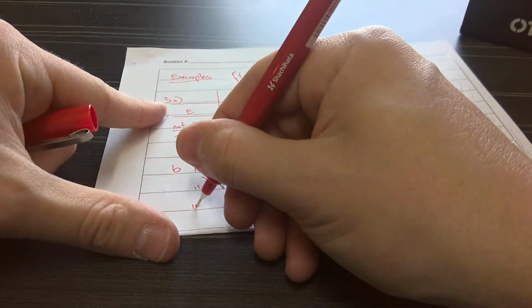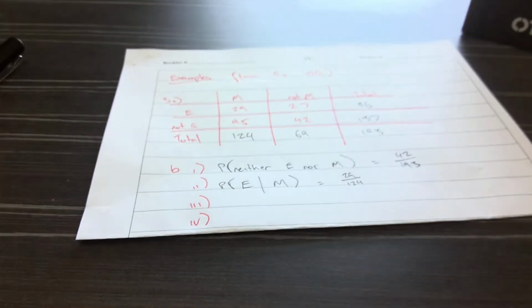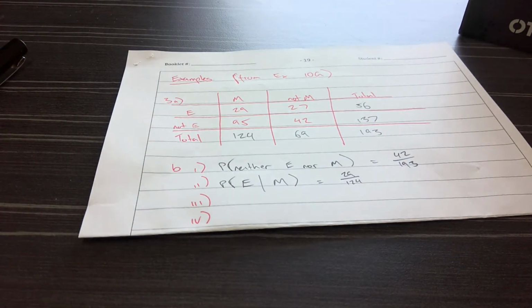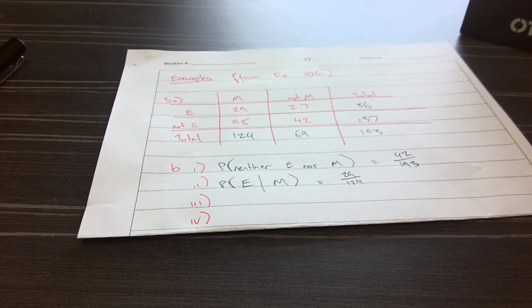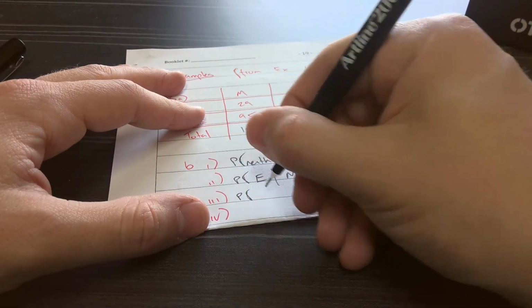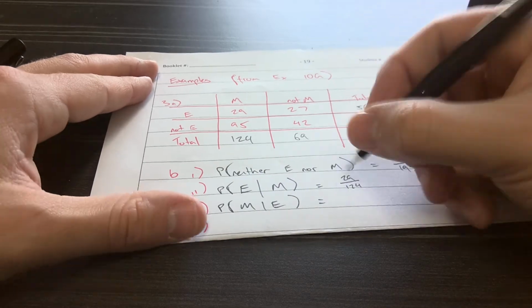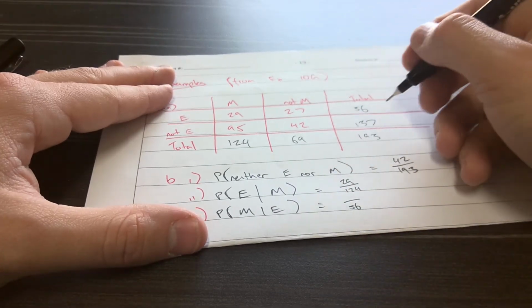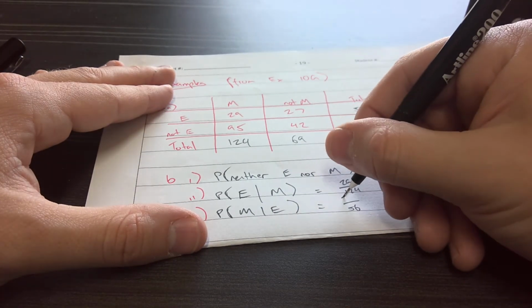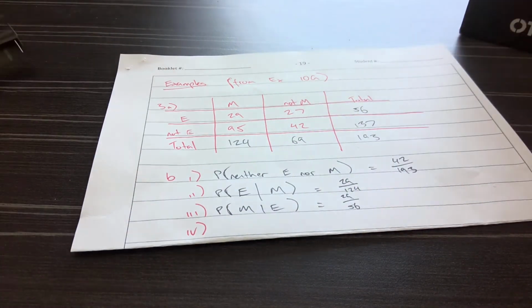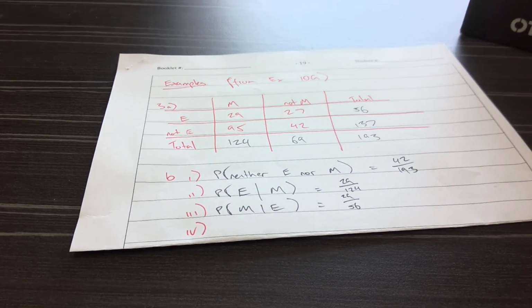Looking at part 3, Maths Extension 1, if it is known that they choose English Extension 1, so it's kind of the opposite. So M given E. Now we're looking at the 56 people that did E, and we've got 29 of those that are doing M. And then lastly, Maths Extension 1, given that they did not do English Extension 1.